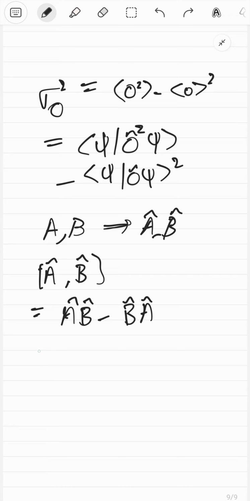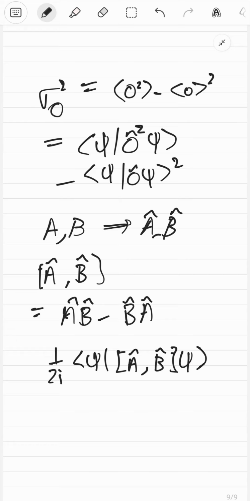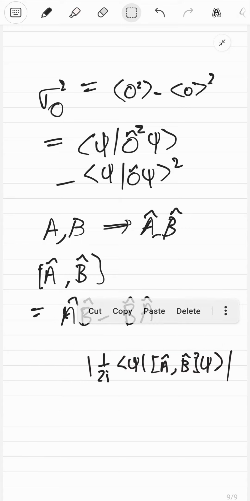But then what you do is you calculate this thing. I know that's a lot of steps really, but you calculate whatever this quantity is and take the magnitude of it. So this is an operator, and I think at this point you know what we are doing over here.